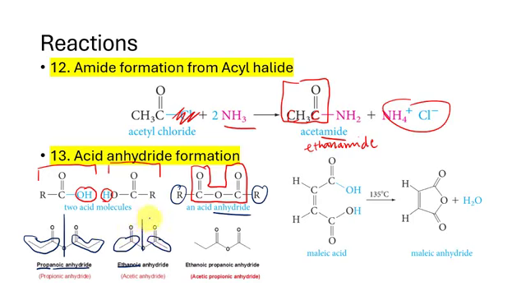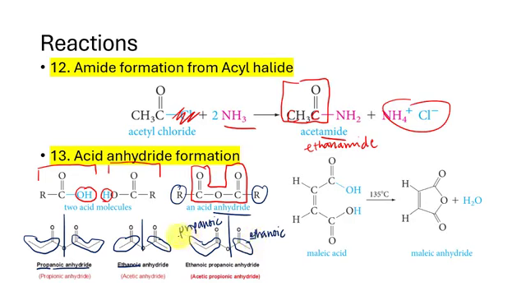How about if it's asymmetric, meaning the alkyl chain on one side is different from the other? We cannot utilize this particular pattern, so you have to name it one by one. This is 2, so that's ethanoic. This is 3, so that's propanoic. And you arrange them according to alphabetization.